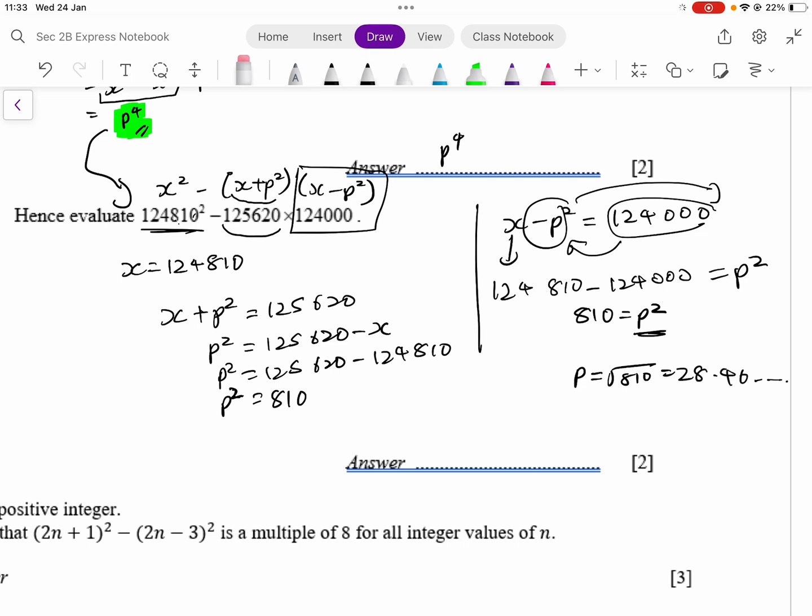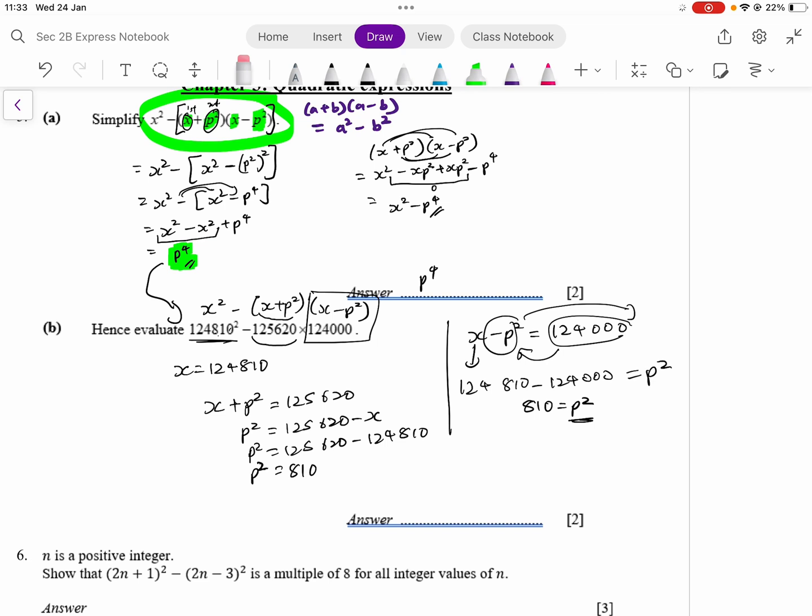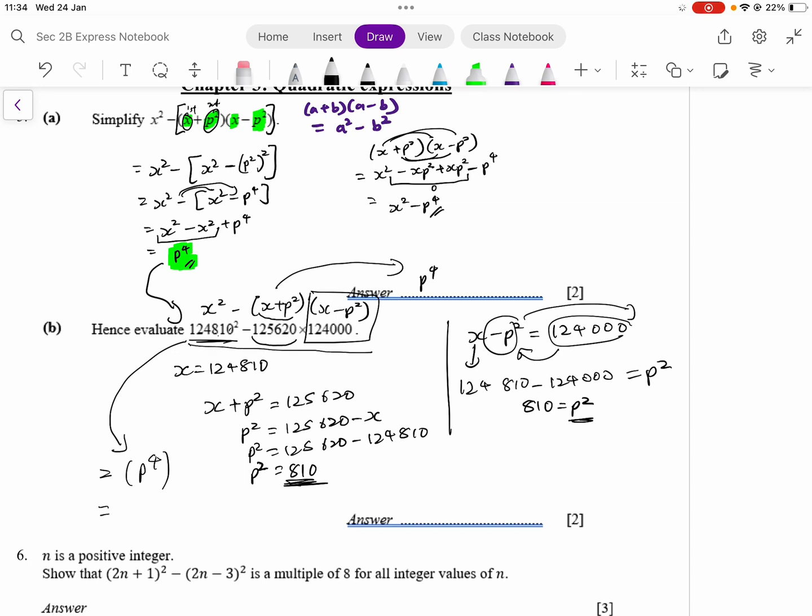Okay, we don't have to do that because we know that the solution for this equation is p to the power 4, which means the answer to this question is actually p to the power 4 as well, which means that if p squared is 810, my answer for this expression is 810 squared. p to the power 4 should be p squared, squared.